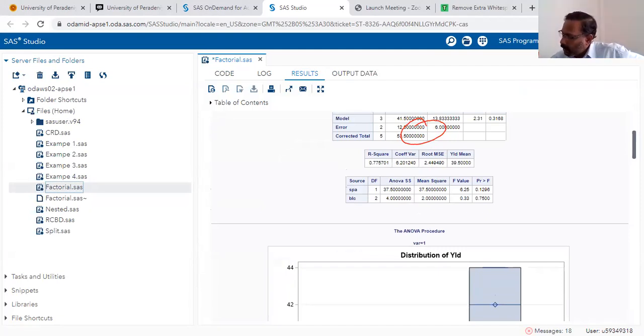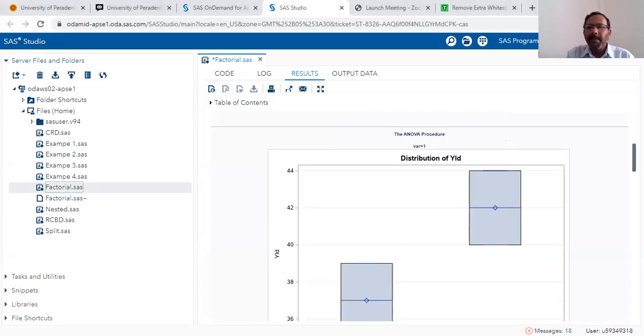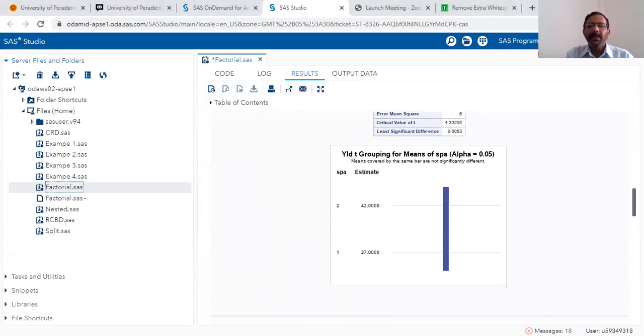The spacing is actually not significant. So that will reflect later on the mean separation of variety 1. That means no difference between the spacing. So for variety 1, both spacings are the same, producing the same yield. Without looking at the mean separation, we can say this.